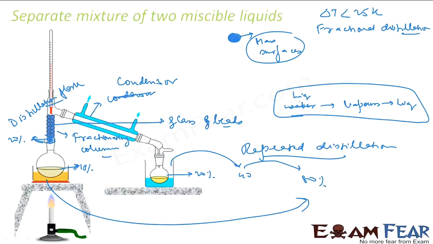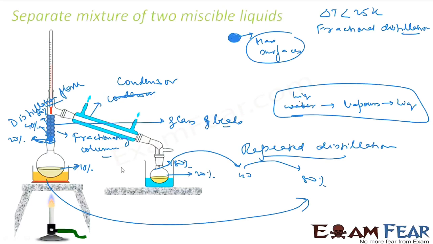At the top you are converting the whole thing into liquid and heating it up again. The moment you vaporize it, you get, let's suppose, 40% pure. Again this 40% pure vapor touches some beads here, cools down, and vaporizes again. That becomes 80% pure. So what you get here is 80% pure in one shot.